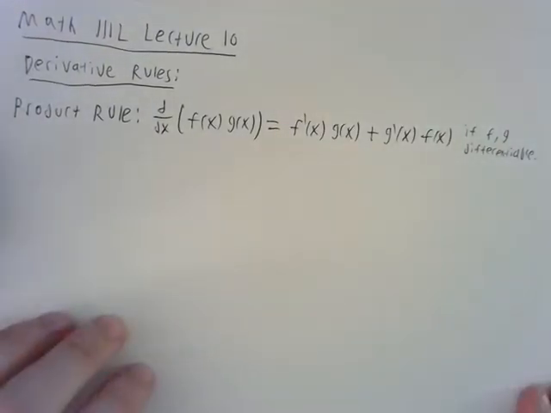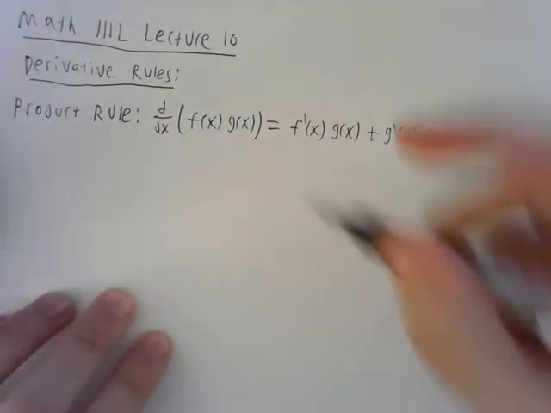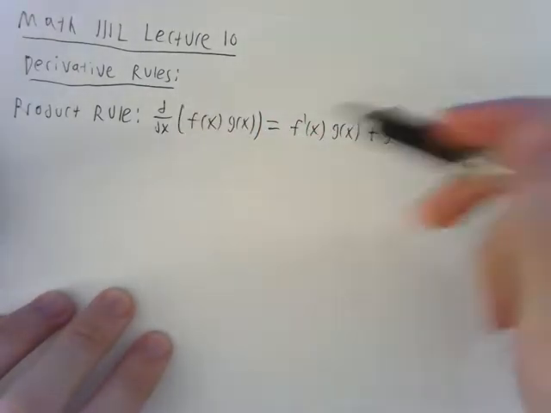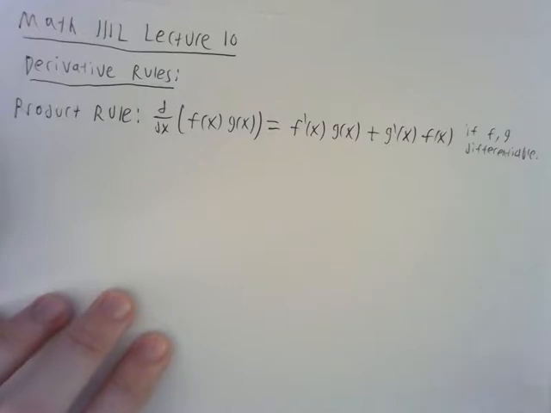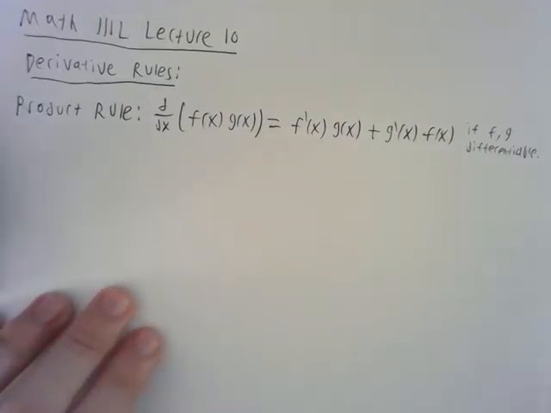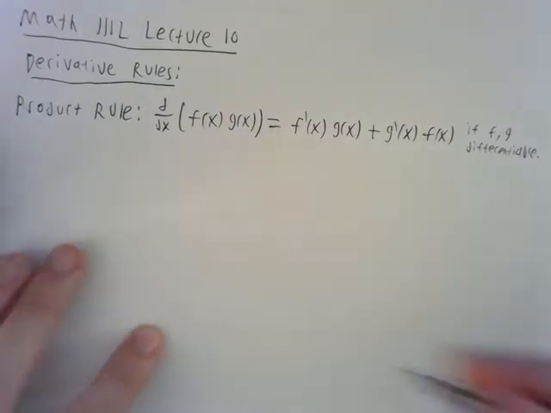In class I went through the proof of this using the limit definition of derivative. I'm not going to repeat that here, but I would like to go through a few examples of how this rule is used.